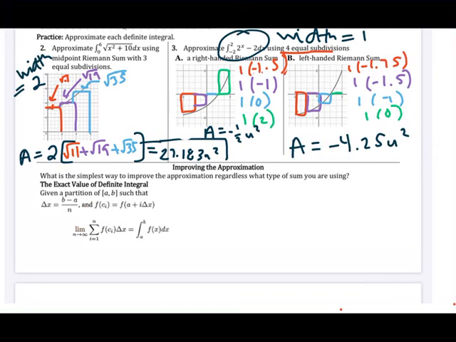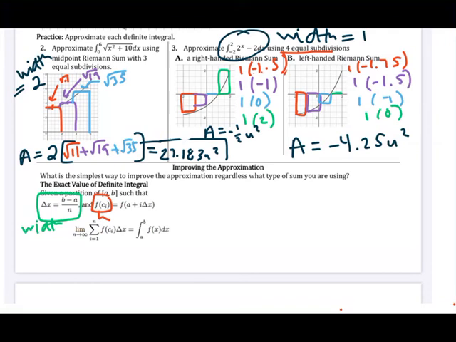Delta x equals b minus a over n. And that's representing the width of our rectangle. The height of our rectangle is what we get when we evaluate at that given point. So we're going to let this f of c sub i be our height.